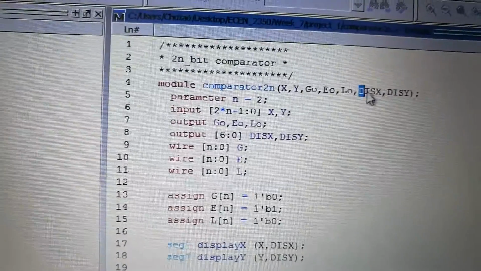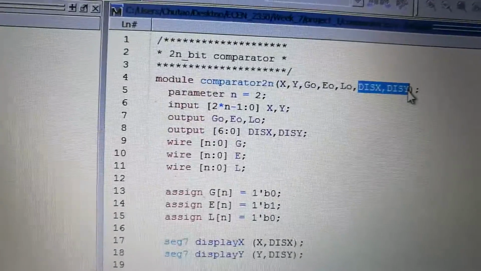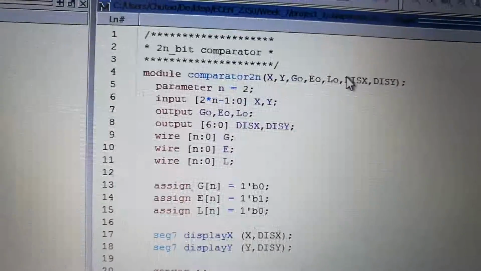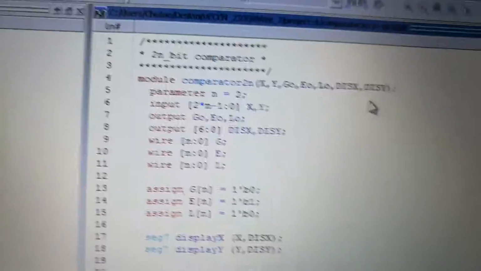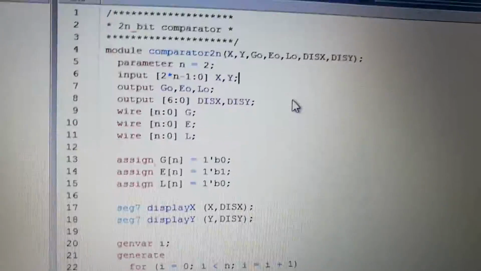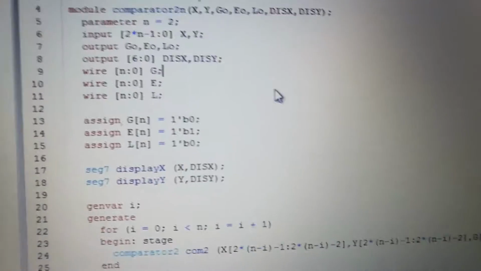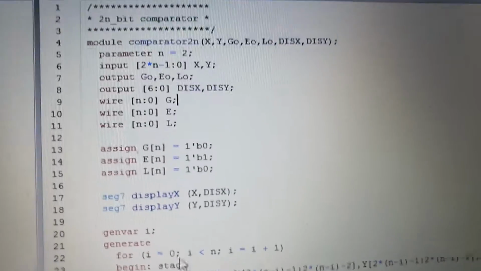Obviously, I need to have those, and I have displays for the 7-segment. I was using two 7-segment displays here, but in part 4 we are going to use four 7-segment displays, two of them for the negative signs. Okay, that's what I did for this part.